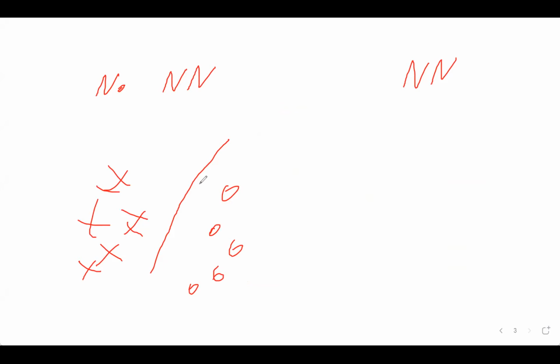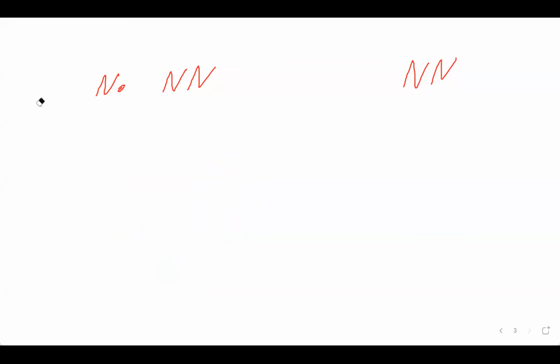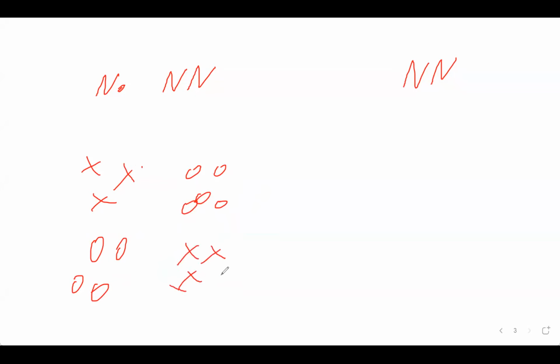But what if I have data that is not like this, and instead, it's like this? Yes, calculating the line of best fit. That's what neural networks do. Find me a line that separates these perfectly. Is there a line that separates these perfectly? If I do this, some is classification, right? I can't do it. But a neural net can solve this.